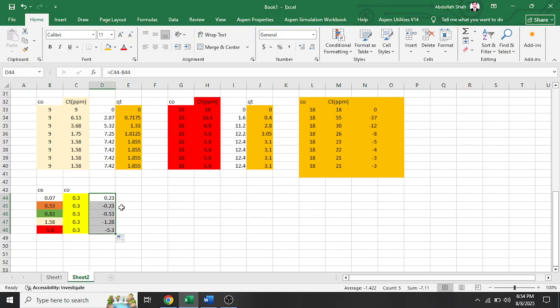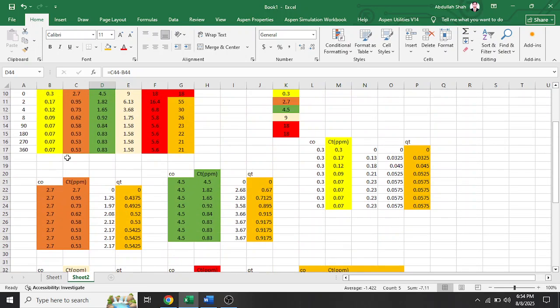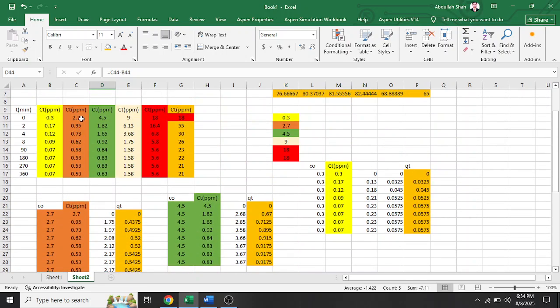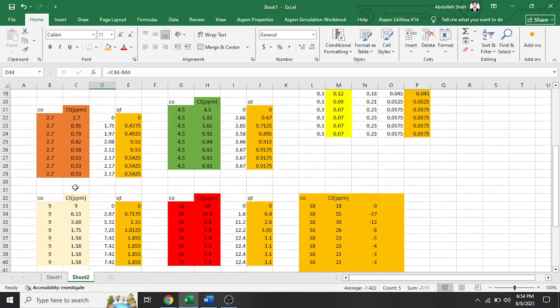Okay. Now here this occurs as negative. Why? The C naught for the first experiment is 0.3, but this 0.25 is the equilibrium concentration for the second experiment. Here you can see this is the equilibrium for the second. So for the second experiment, the C naught will be 2.7.